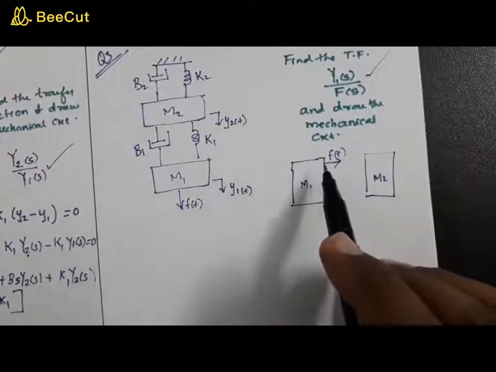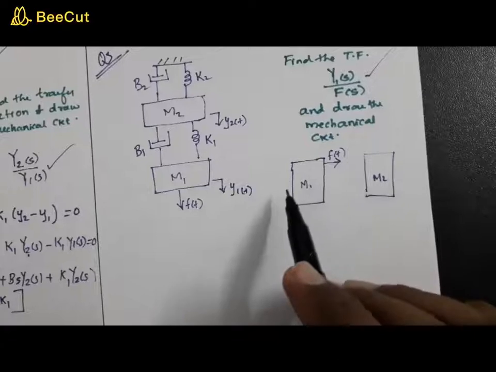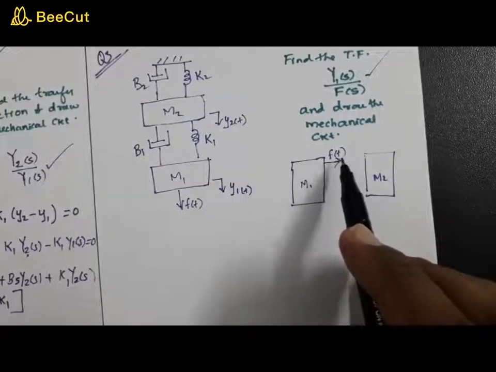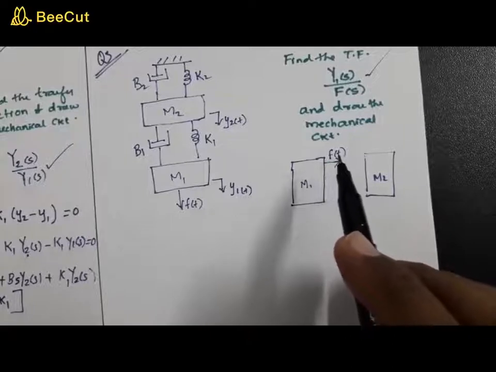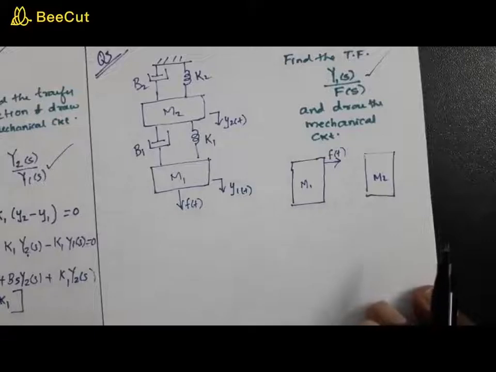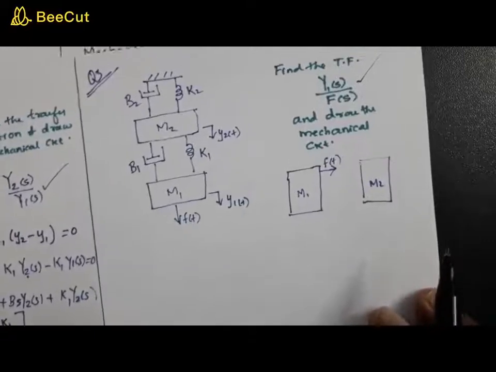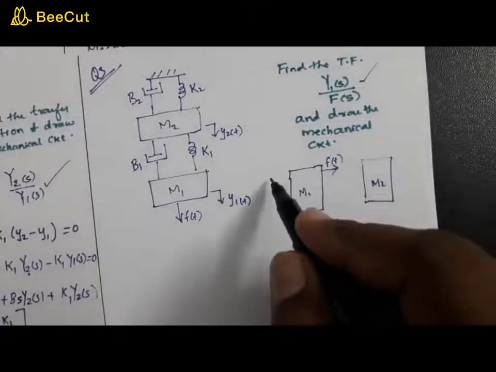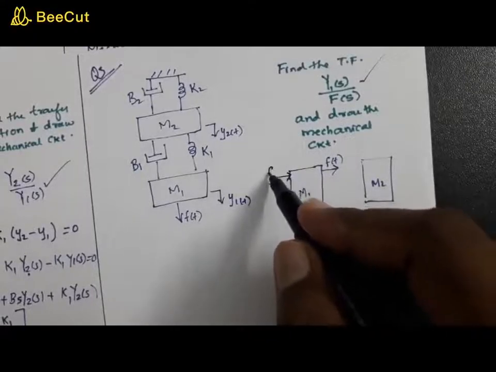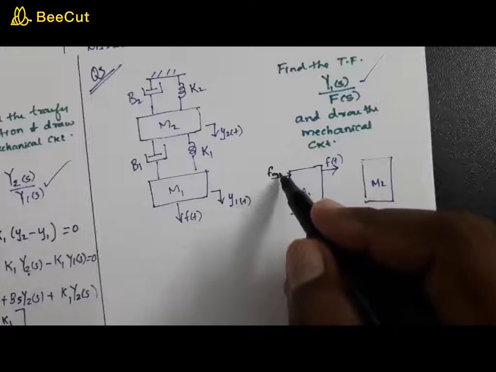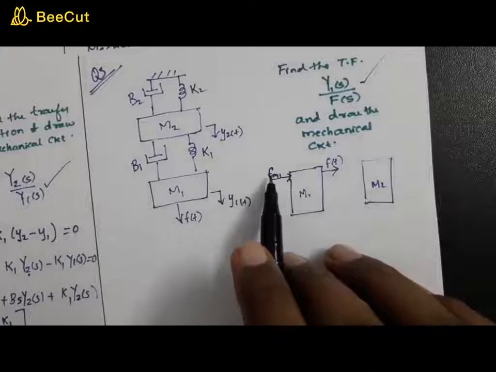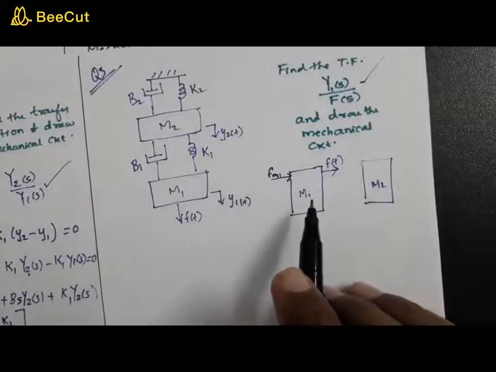So when you draw the free body diagram for M1, you have F of t with an arrow pointing away from the mass. Now, what are the other forces associated with M1? As it is a mass, you have an inherent force due to the mass, and let us call that Fm1, meaning the force due to mass M1.